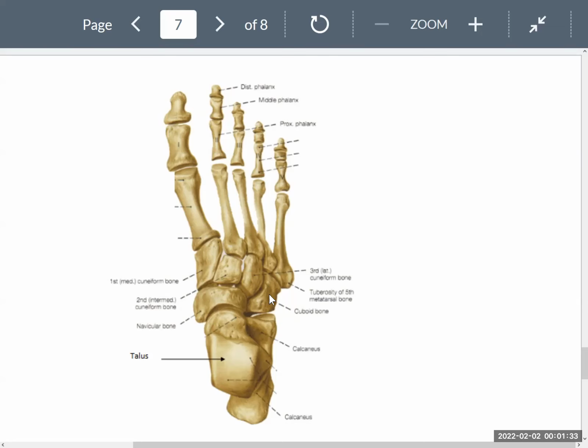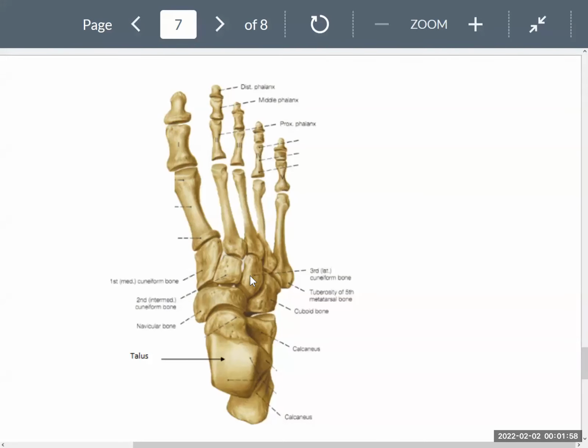If you want to learn it the other way, which is correct, you could call this the medial cuneiform because it's towards the medial side of the foot. This would be the intermediate cuneiform, and this would be the lateral cuneiform.